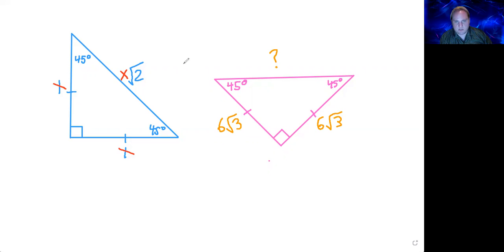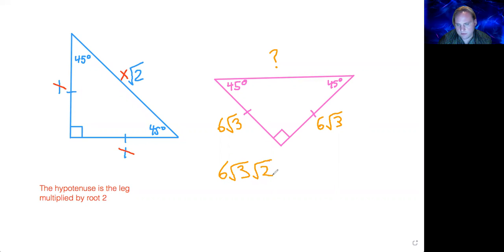This is where it helps to set up either equations or think about it in terms of words. In terms of words for this one, we could say perhaps the hypotenuse is the leg multiplied by root 2. So we're going to take one of the legs, 6 root 3, multiply it by root 2, and now we get 6 root 6. So we multiply root 2, multiply the numbers inside them.